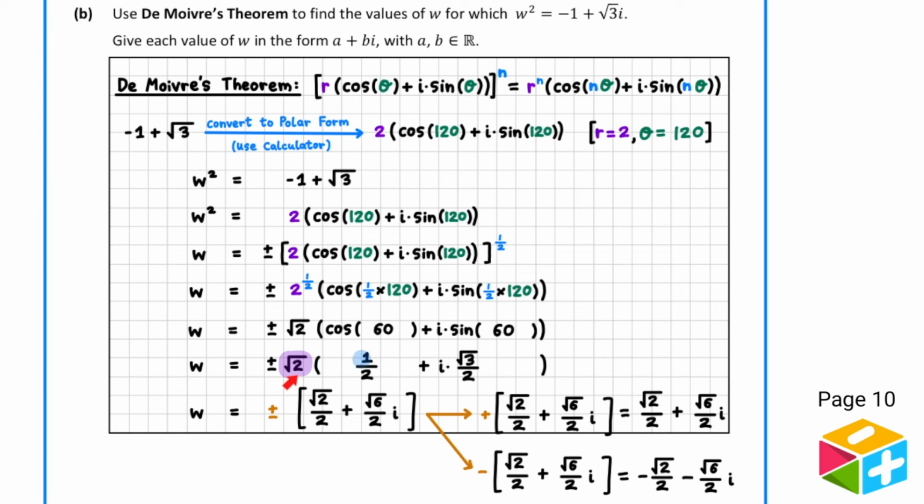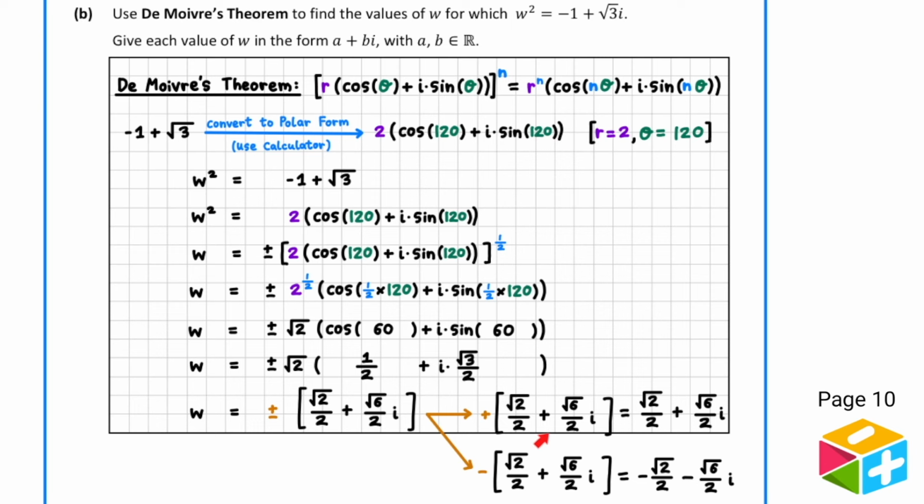Root 2 times a half gives us root 2 over 2, and root 2 times root 3 over 2 gives us root 6 over 2. To finish, we need to deal with our plus-minus sign. So we'll split into two cases, one with a plus sign and one with a minus sign.